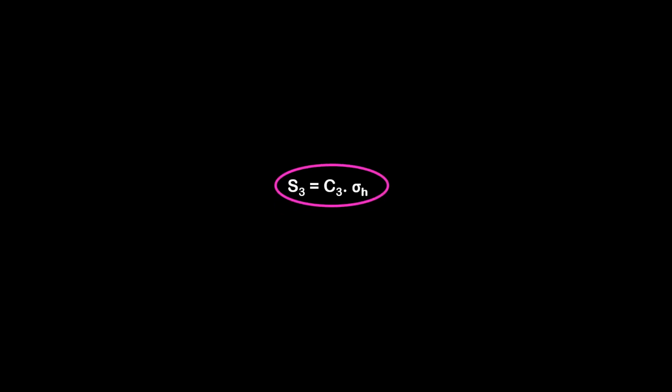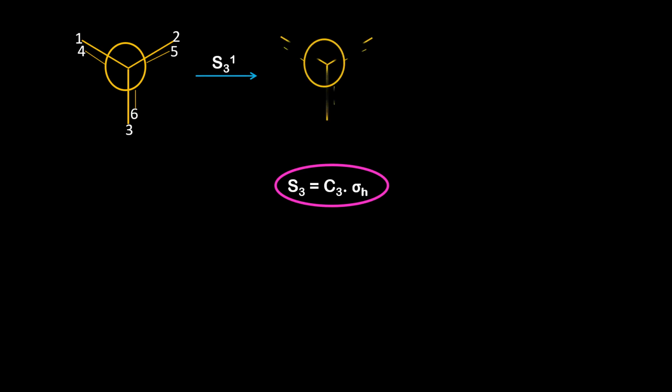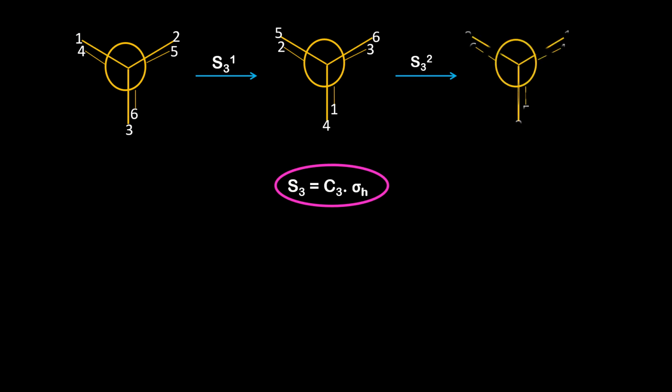S3 is equal to C3 into sigma h. Now this is the eclipsed ethane molecule. By applying first S3^1, we get this orientation. Now a successive second improper rotational axis operation leads to this molecule, and a third improper rotation gives this orientation.